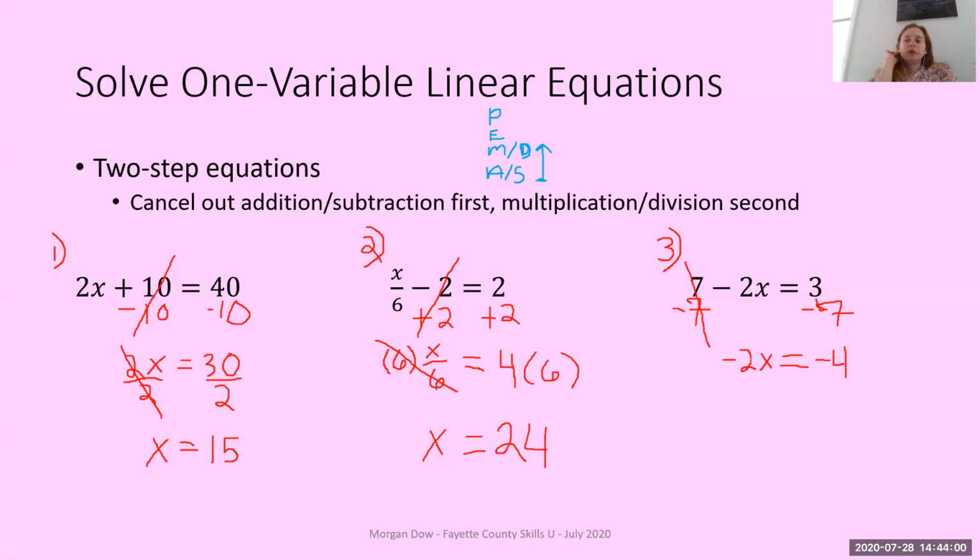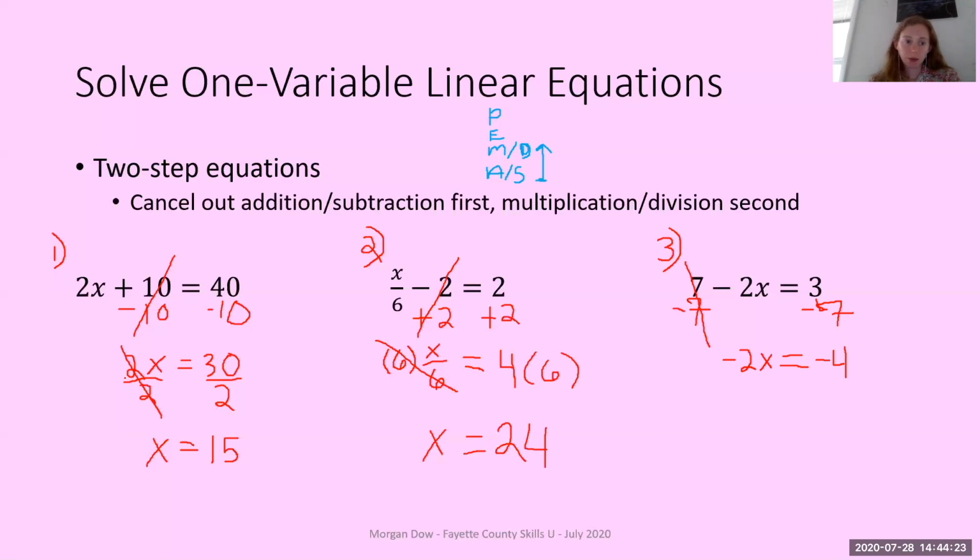Okay, so let's talk a little bit more about that subtraction we just did. Another guiding principle that you could have for yourself is to focus on the sign in front of the number and use that to help you cancel out the number.